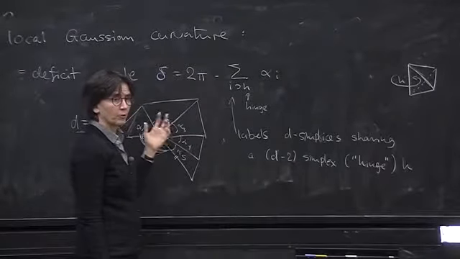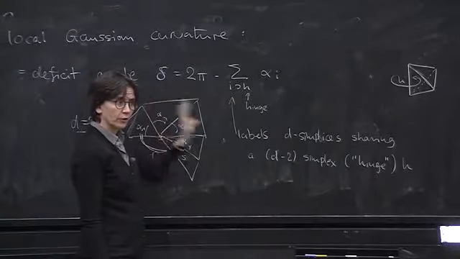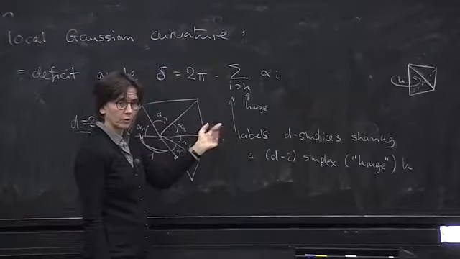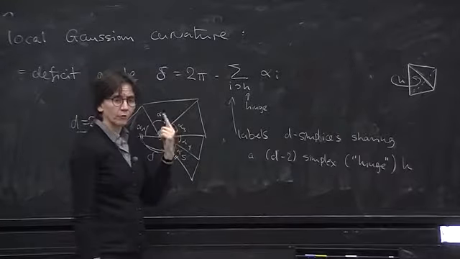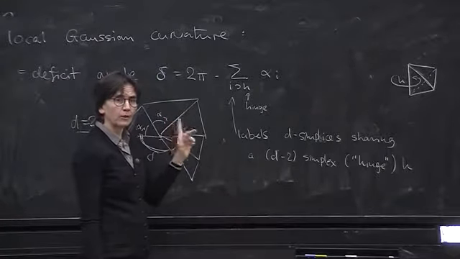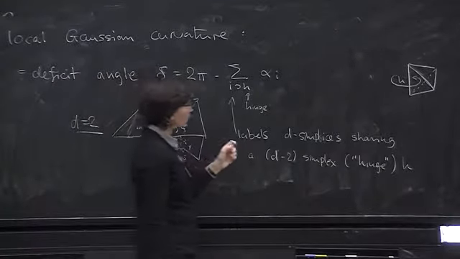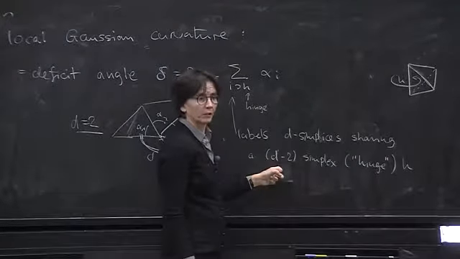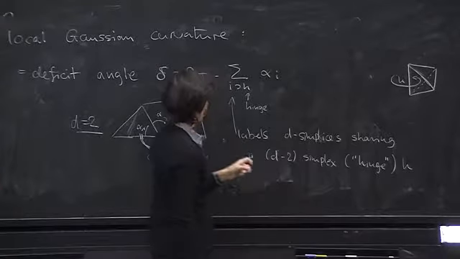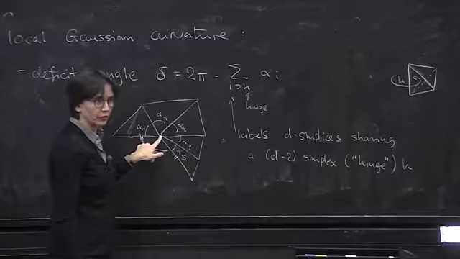So what you get by gluing together these triangular building blocks is, in general, a curved manifold, where, however, the curvature only appears at simplices of codimension 2. So in 2 dimensions, curvature is just located at vertices.